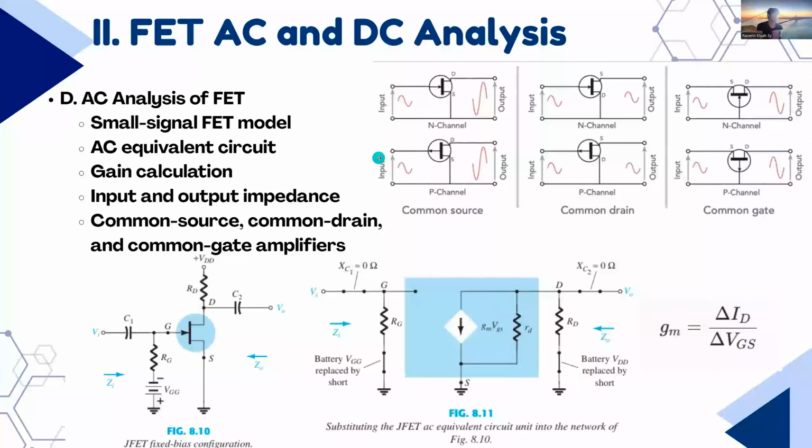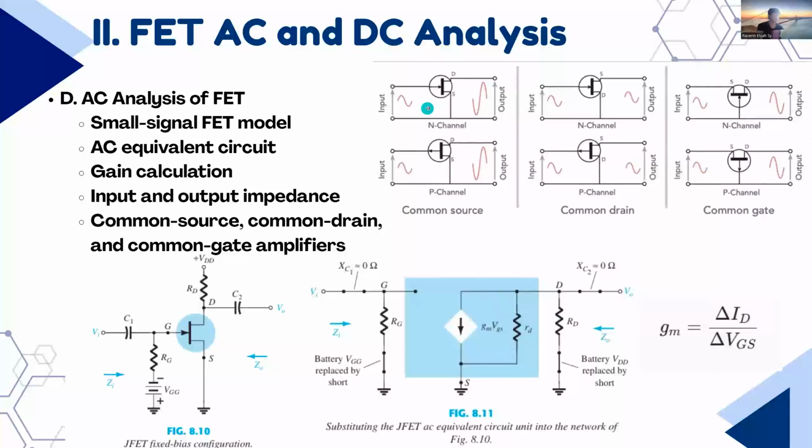In the common source, the input signal is applied to the gate and the output is taken from the drain. It has high input impedance accompanied by 180 degree phase inversion between input and output. It is the most widely used FET amplifier.